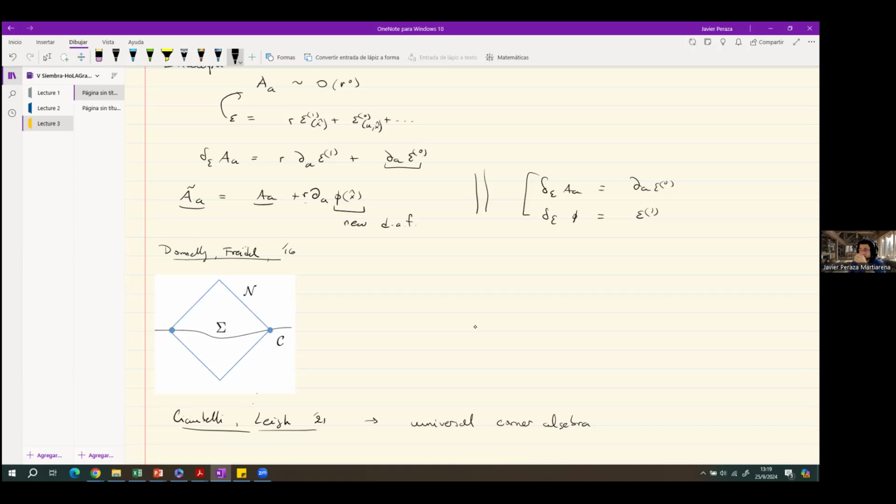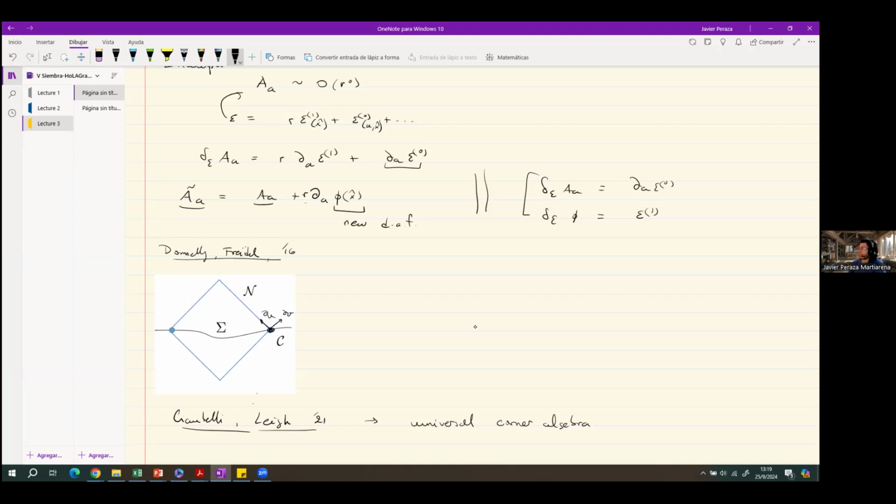And when you do that, you have to take into account all the directions. So, for example, in Bondi coordinates, you will have du, you have dB, all the transverse directions along the surface. So you have to construct these diffeomorphisms fixing the corner. You see which ones preserve the corner, and then you construct the algebra generated by them.